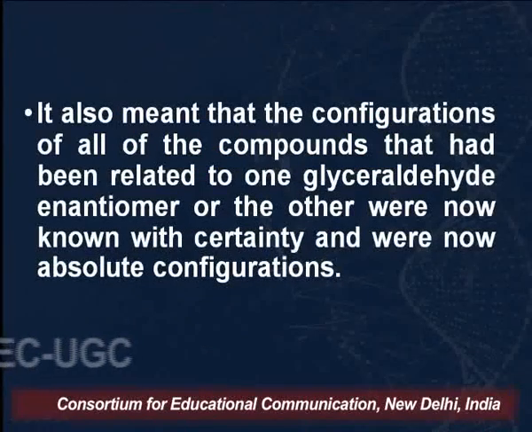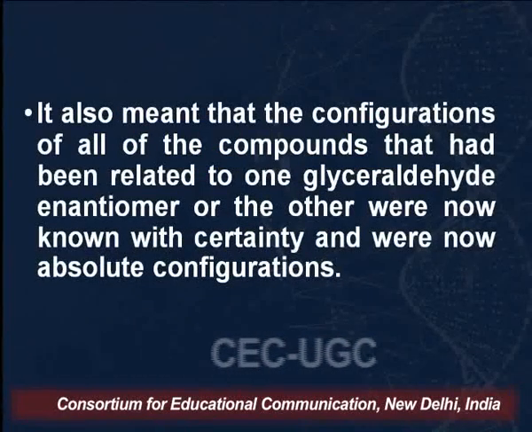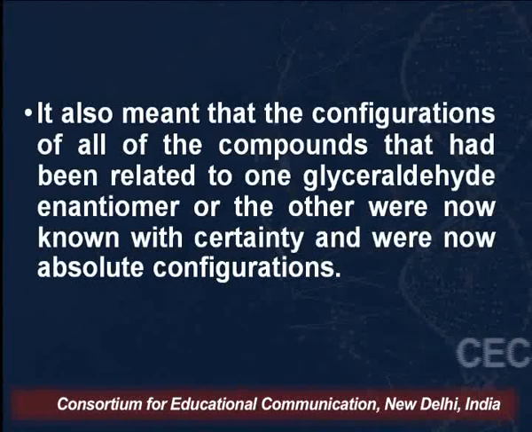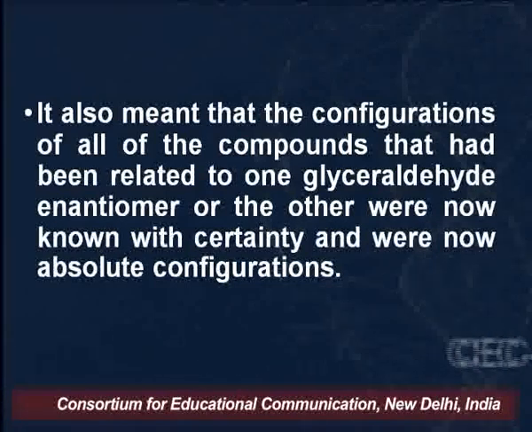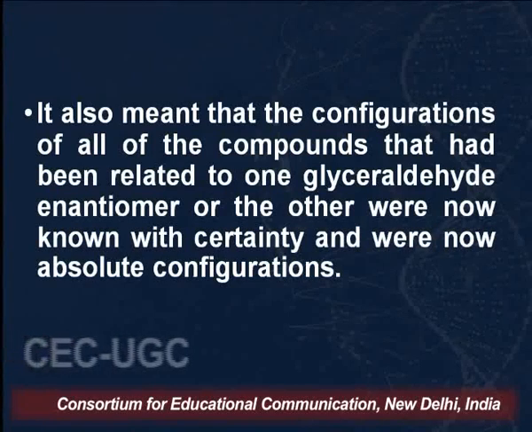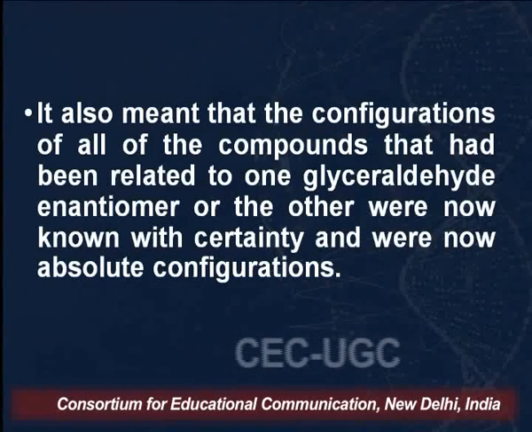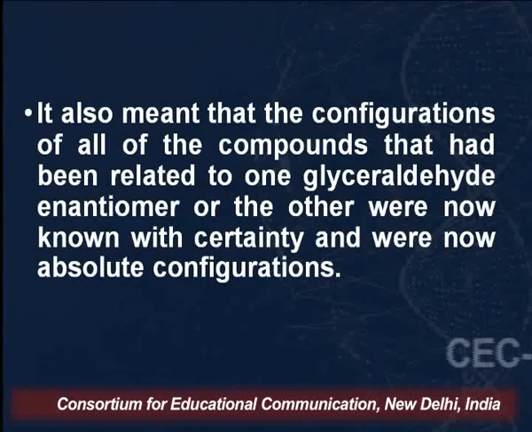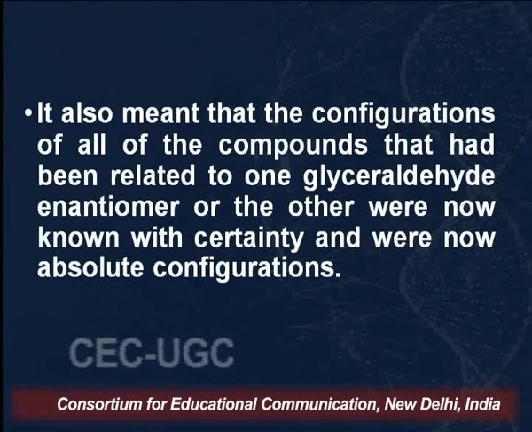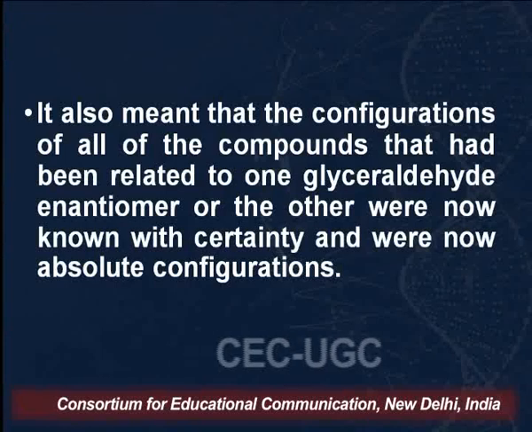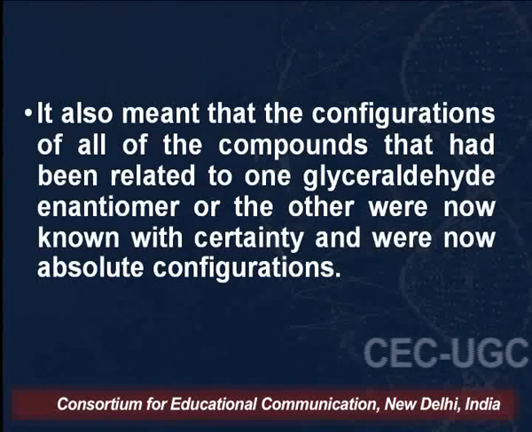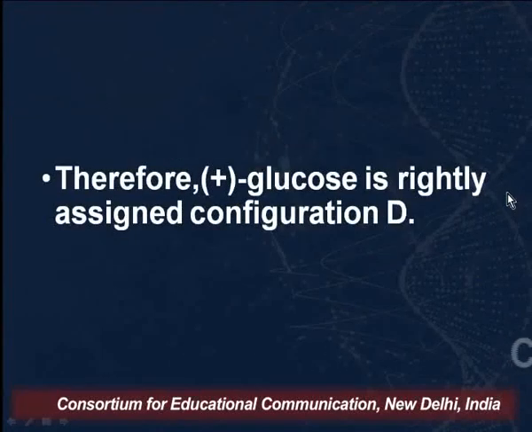So what do we now interpret from this? It meant that the configurations of all the compounds that had been related to one enantiomer or the other enantiomer of glyceraldehyde were now known with certainty and were now absolute configurations. So now there was no ambiguity.